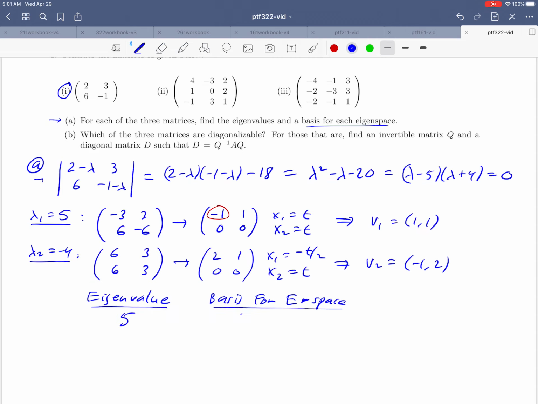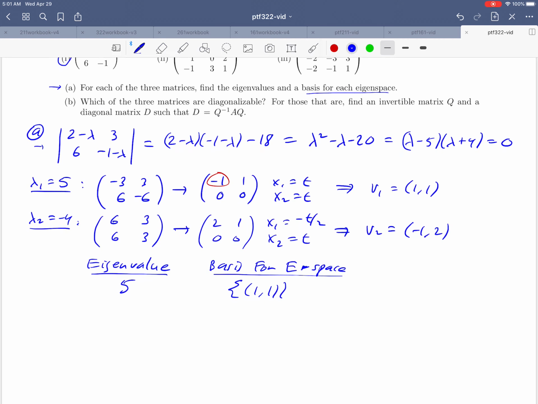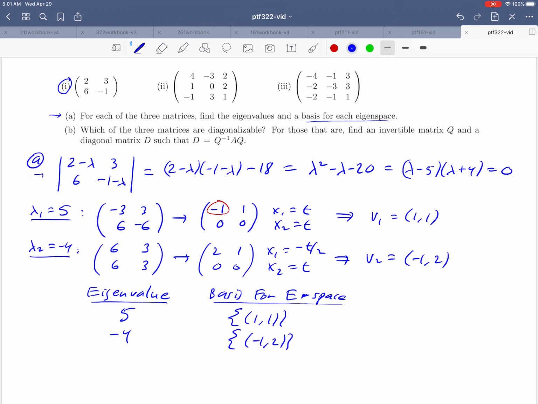For 5, we found one linearly independent eigenvector, so the set containing just our one eigenvector would be a basis for the eigenspace. And then for negative 4, the basis for that eigenspace would be just negative 1 and 2. So we have completed part A of this.